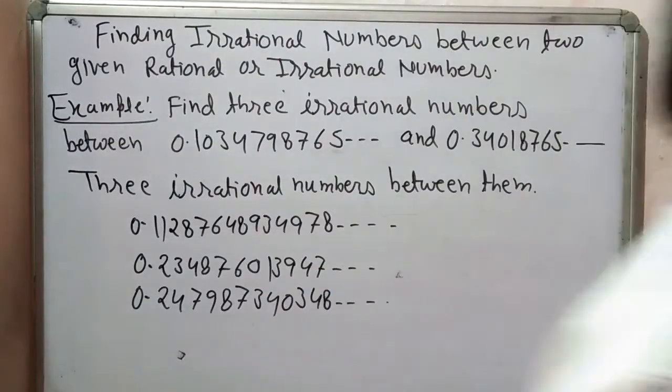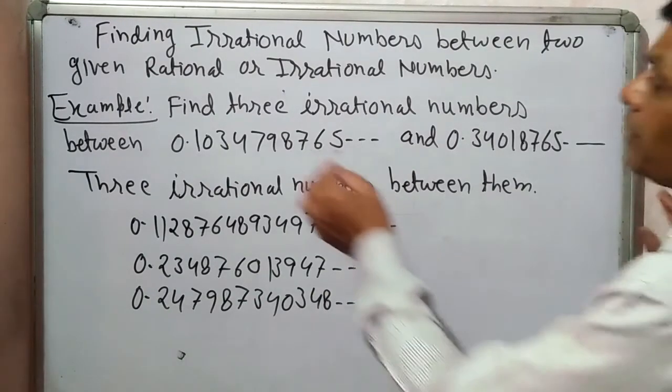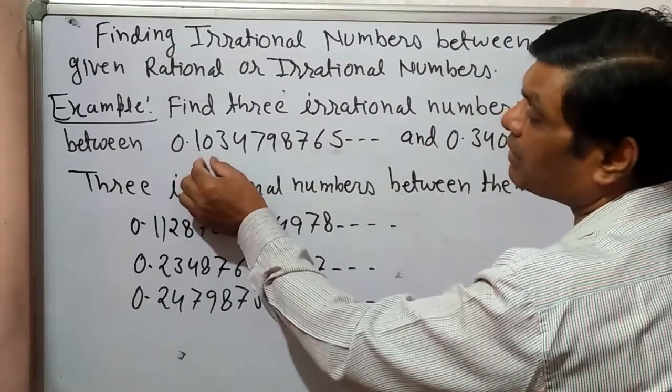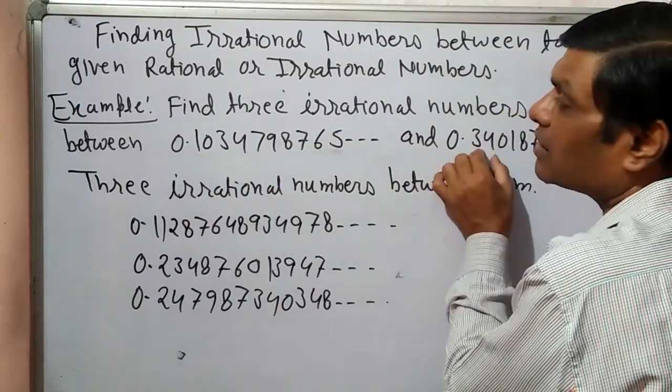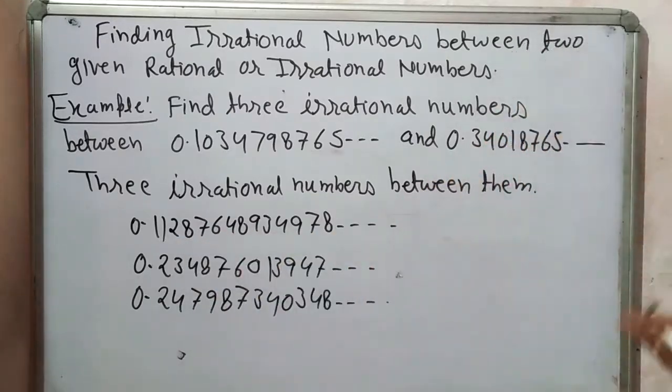Here, the care we have to take is that after finding a slightly greater number from the two decimal places which is lesser than this one, we have to write the digits in such an order which is non-repeating and non-terminating. I am sure this is clear to you.